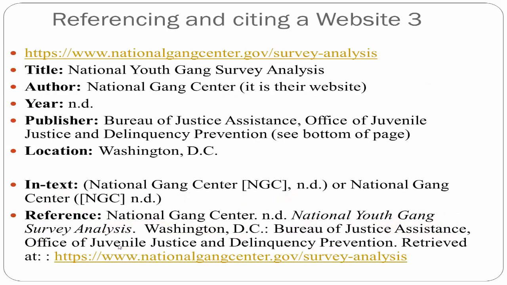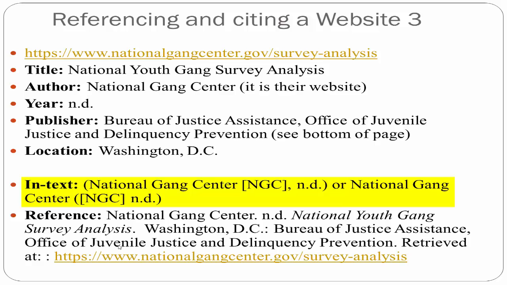So the final one I'm going to show you for a website, it's a different kind of website, is the National Gang Center website. You will see that the title is National Youth Gang Survey Analysis. It's the National Gang Center as the author because it is their website. If you look all around that page, you do not see a date, so it's ND for no date. Then you have the Bureau of Justice Assistance as the publisher and the Office of Juvenile Justice and Delinquency Prevention, which you can see at the very bottom of that page, both of which are housed in Washington, D.C. So similar to the FBI, you have the National Gang Center, and you can use its acronym.